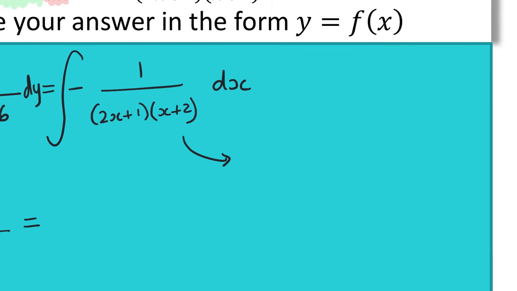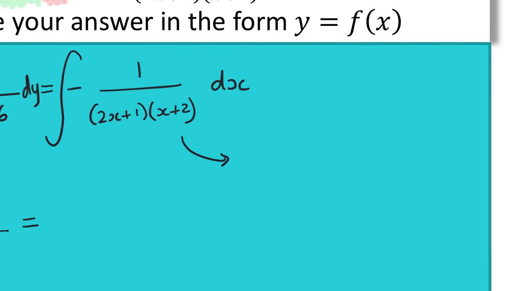Okay, so partial fractions. How would I split this into partial fractions? We know that minus 1 equals a lots of x plus 2 plus b lots of 2x plus 1.